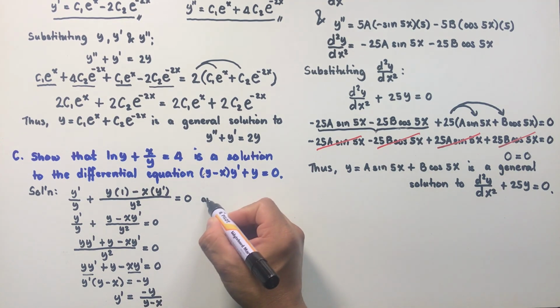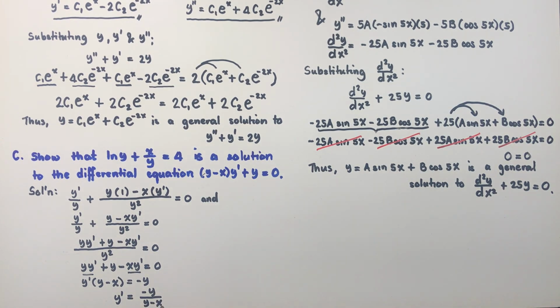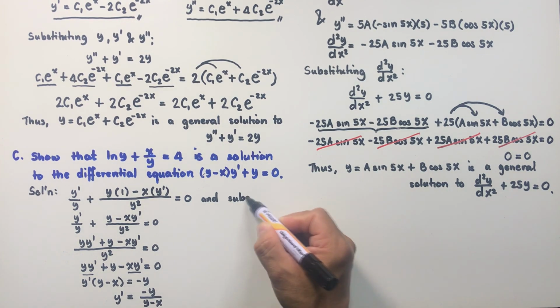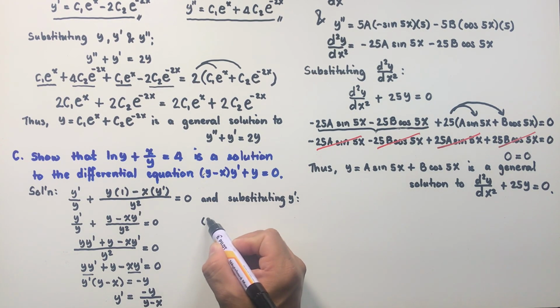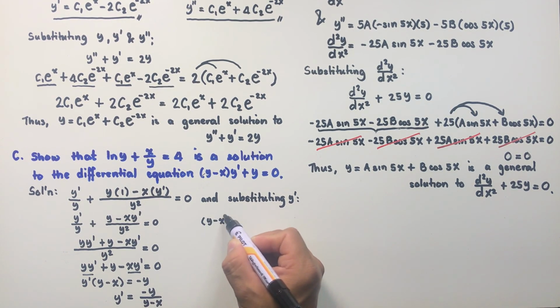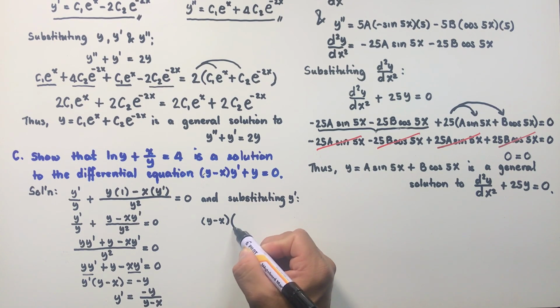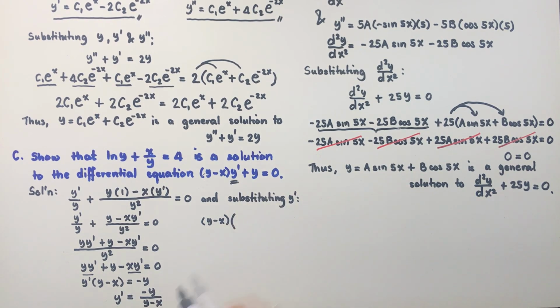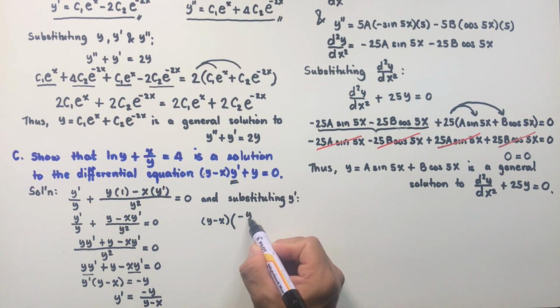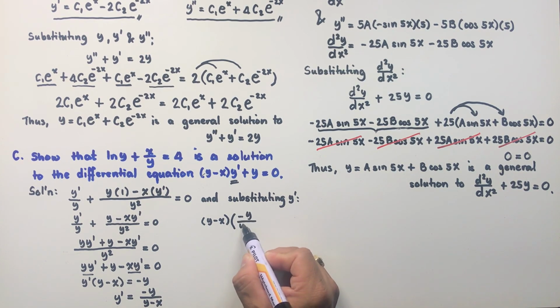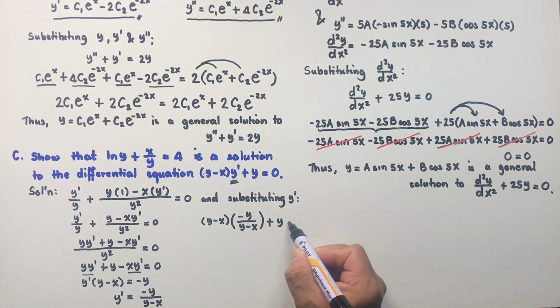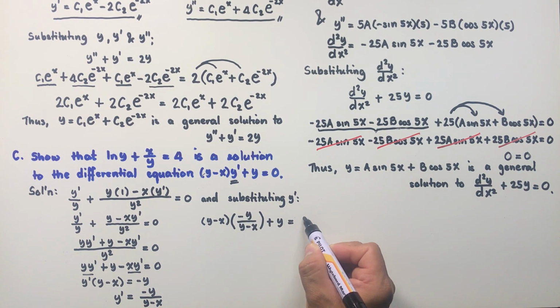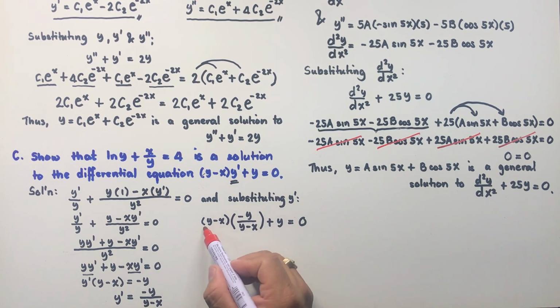And substituting this y prime to the given differential equation, we have y minus x times our y prime, and our y prime is negative y over y minus x, and this is added to y, which is equated to 0. So you can see that this factor and this factor can be cancelled.